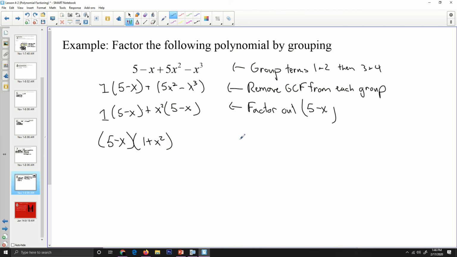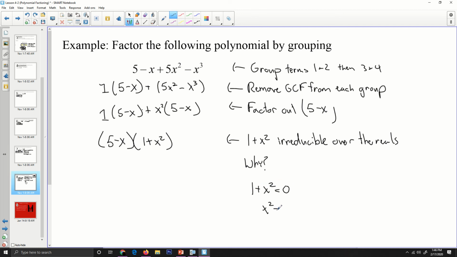Now 1 plus x squared is also irreducible. And the reason that we know that is if I set this thing equal to 0, 1 plus x squared equals 0, I get x squared equal to negative 1, and I get x equals plus or minus the square root of negative 1, and we know that that is plus or minus i.